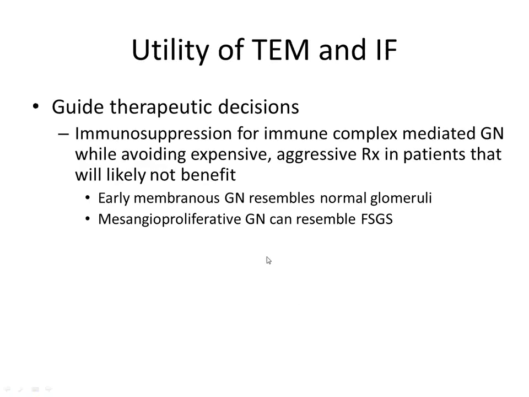Then the other reason that you would do advanced diagnostics for kidney, transmission electron microscopy and immunofluorescence, is really to detect the presence or prove the absence of immune complexes. In kidney, knowing whether or not there's immune complex disease versus what we just put into a broad category of non-immune complex disease is really going to guide the therapeutic decisions for the clinician.